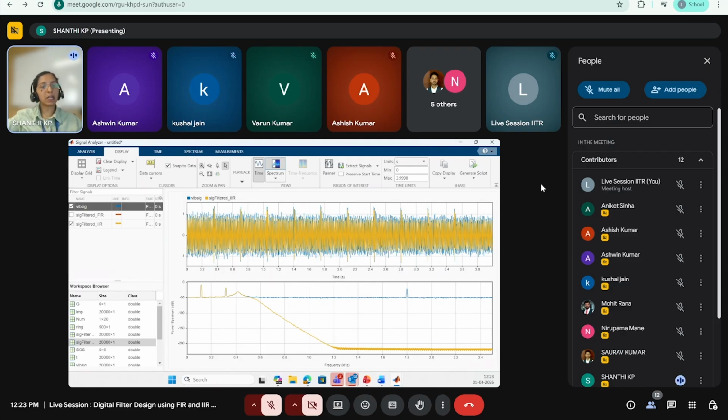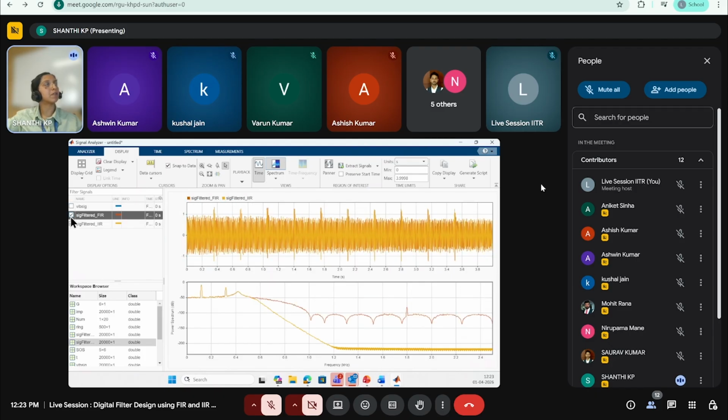Now, as a last step, we can compare the FIR and IIR results. For that, let's visualize the filtered FIR signal here itself in the Signal Analyzer app. So as clearly seen, till now we have designed an FIR filter and an IIR filter.